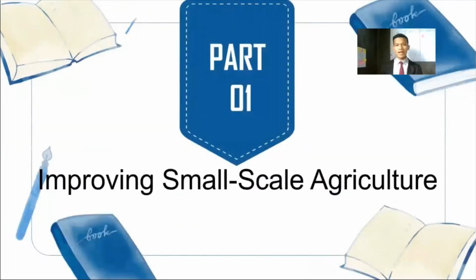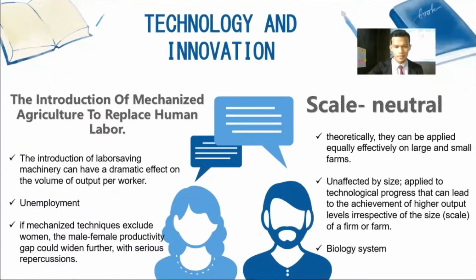Okay, for the first part is improving small scale agriculture. For this part, improving technology and innovation. In most developing countries, new agriculture technologies and innovations in farm practice and conditions.